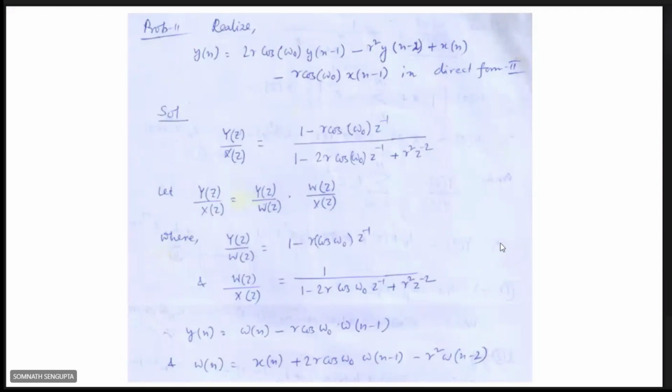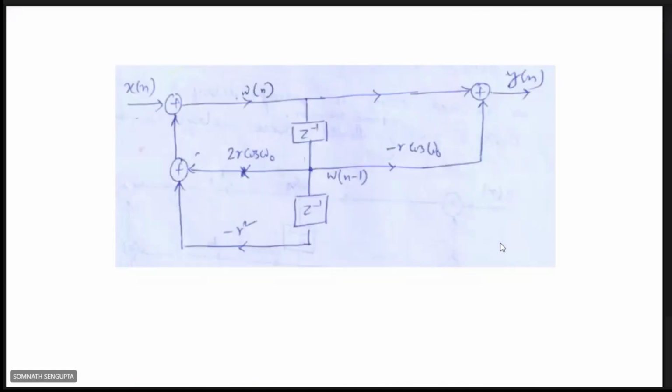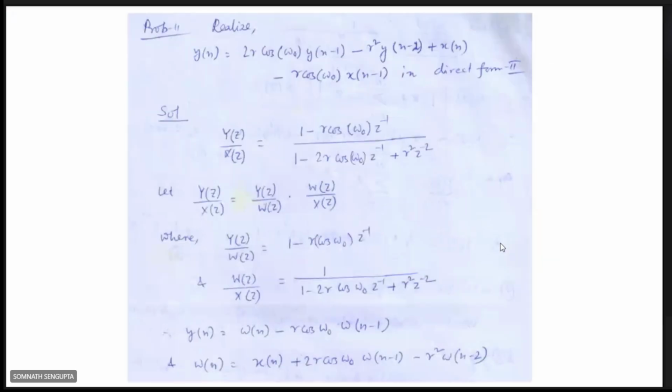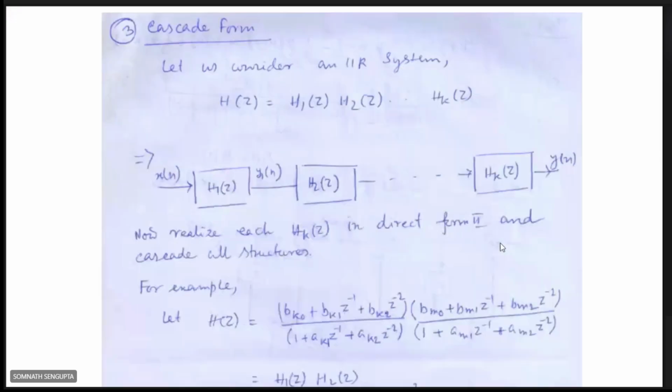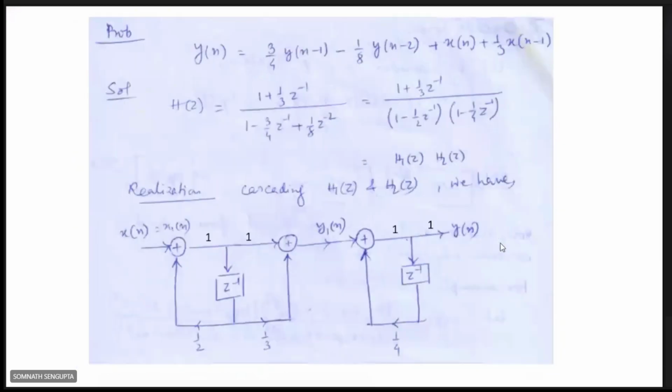Then you will be able to design the structure. The same structure can directly be obtained by seeing the transfer function and knowing the rules. If you know the rules, then you can directly draw the structure.